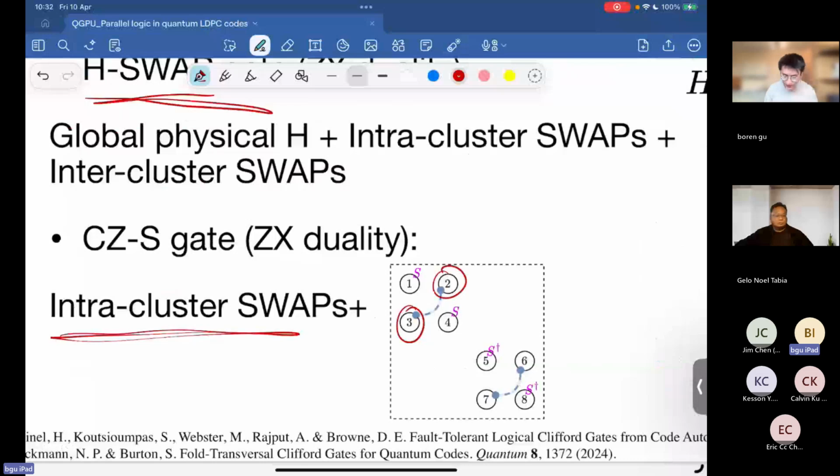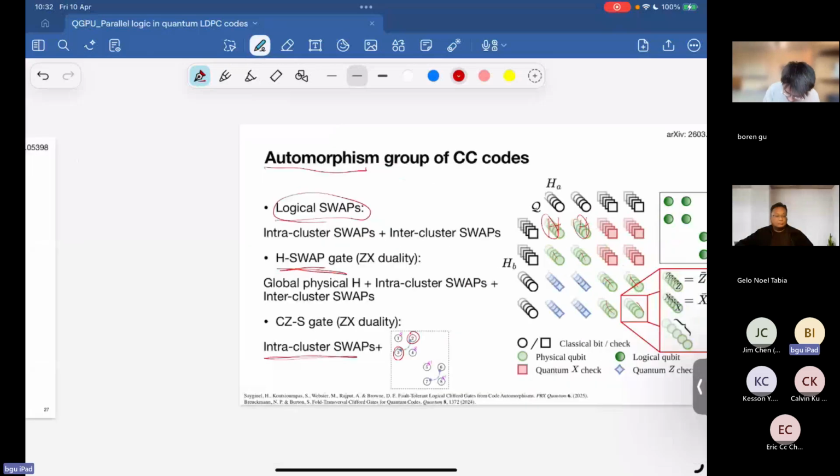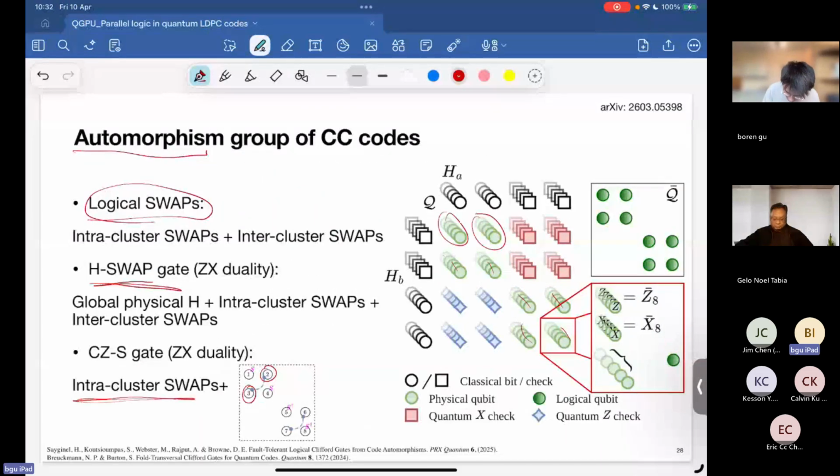clusters. First of all, it's a physical operation. So that is the second cluster, which is this cluster versus this cluster, and you apply the CZ gate one by one in this sense.